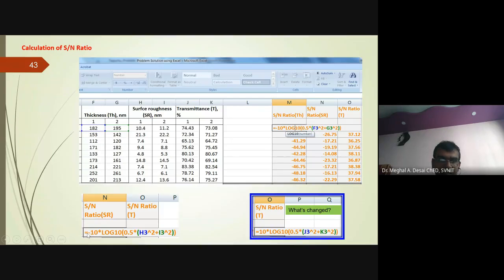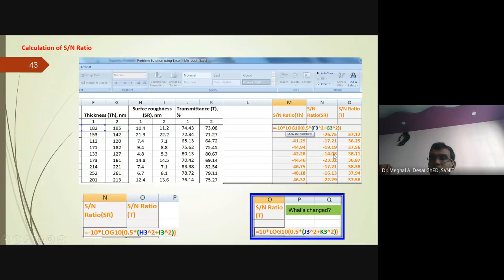Since the negative sign is here in the minimization problem, all the values are negative. That means higher values are not desirable. If you are getting a lesser value in signal to noise ratio, like minus 14.08, that is the lesser value.